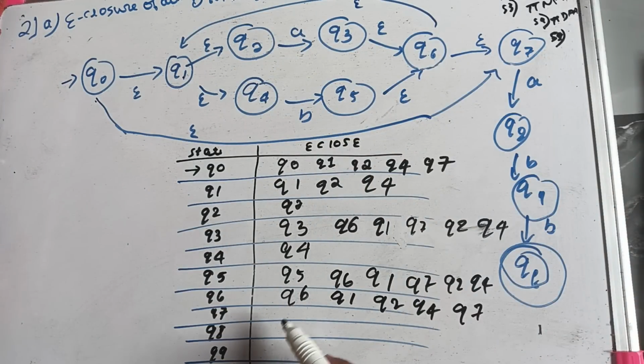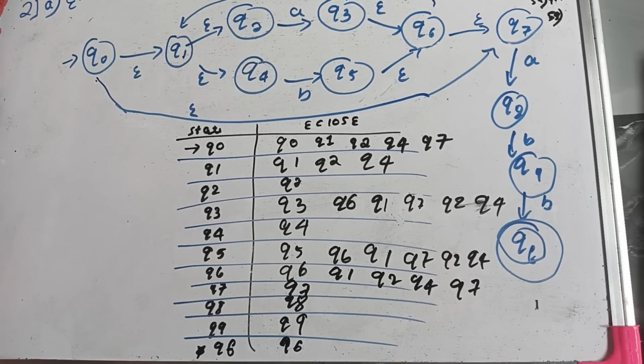Next for q7, itself; epsilon goes no. Next for q8, and for q9 also q9. Next qf itself. Okay, this is the e-closure of all states.